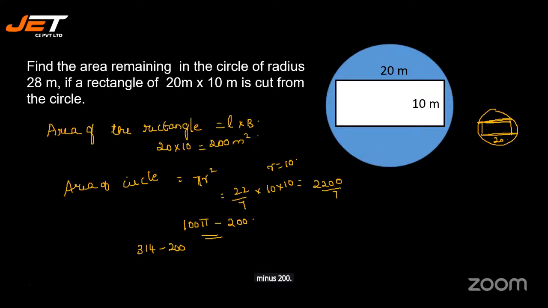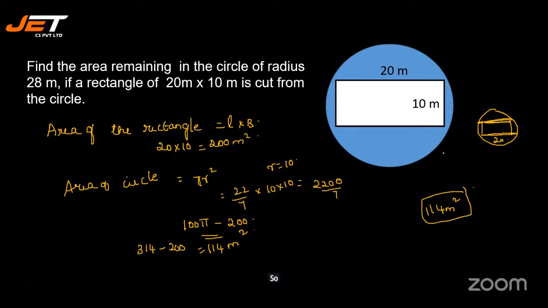What is this 314? 100 into pi, that is 100 into 22 by 7, 2200 divided by 7 gives 314, minus 200, which is 114 meter square. So 114 meter square.